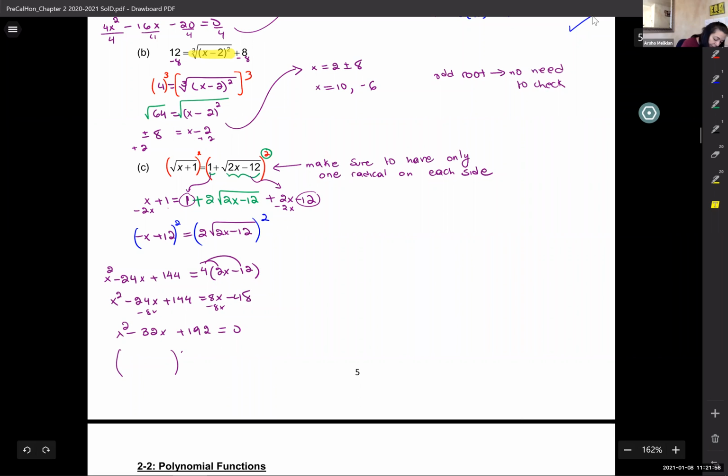Which means we have to factor this lovely equation here, right? What gives you 32 and 192? Well, negative 24 and negative 8.